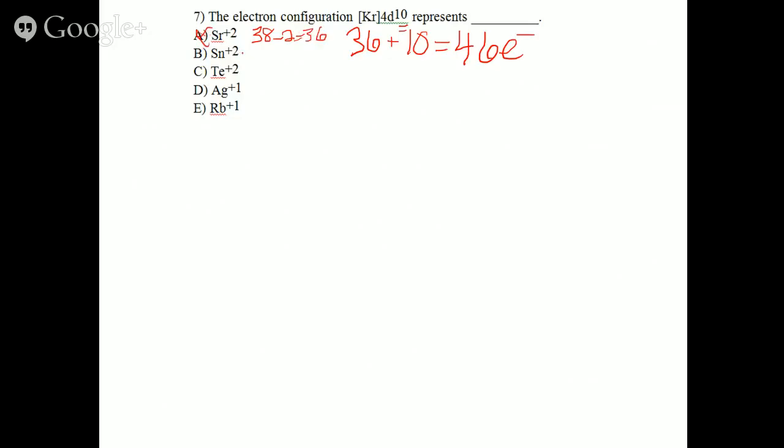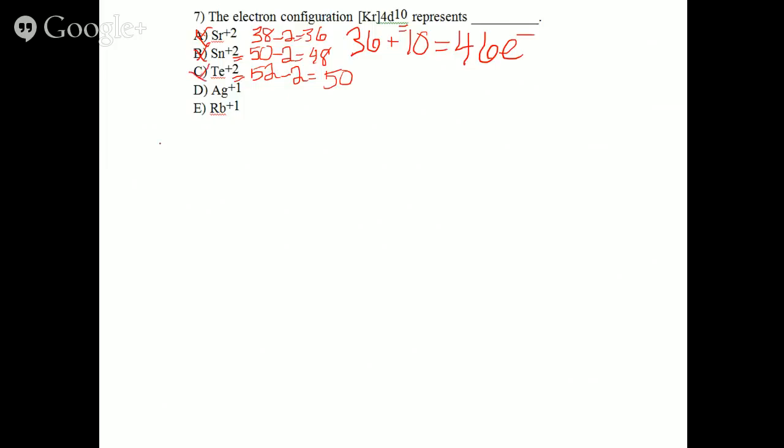Can't be A. Tin, Sn, normally has 50. How did it get that positive 2? Well, it lost 2 electrons, so it has 48. Can't be B. Te, tellurium, normally has 52. That positive 2 means that we lost 2 electrons, so we only got 50.